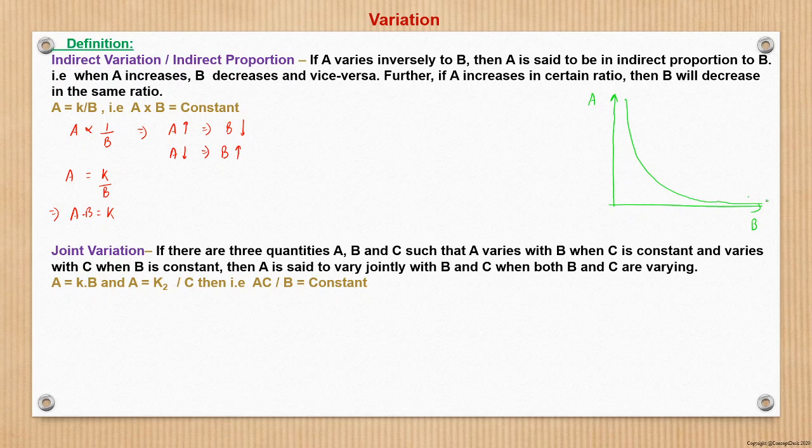This is the graph for a by b. If b decreases a will increase, and if b increases a will decrease. That is the inverse relationship. One example we will take is again the same example of time, speed, distance.